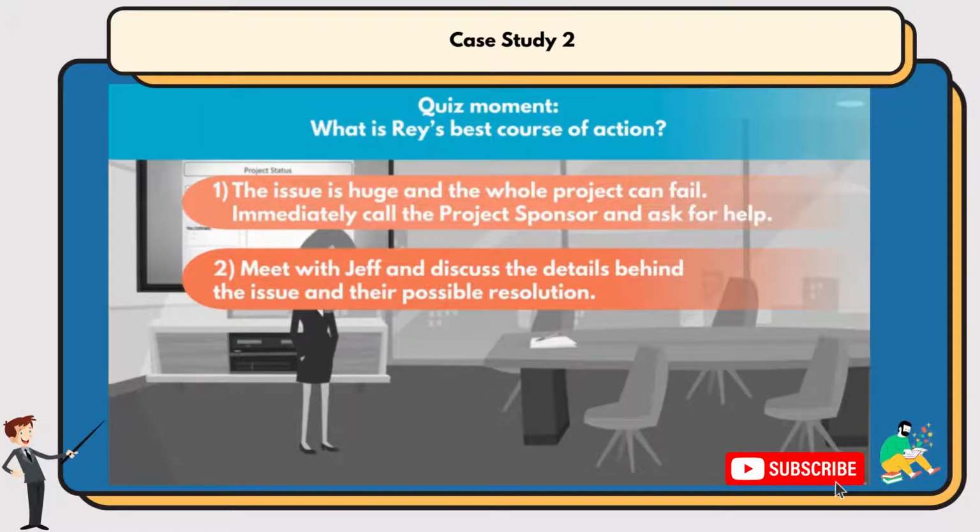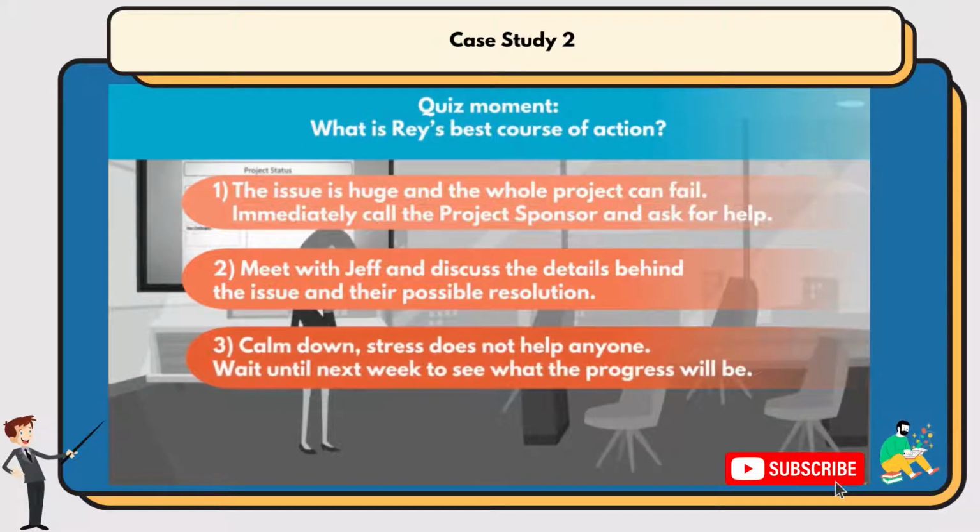After the meeting, send a note to the sponsor informing them on the issue. 3. Calm down. Stress does not help anyone. Wait until next week to see what the progress will be. Answer. Same as before. Answer 2 balances emotions and comes up with correct actions to take.